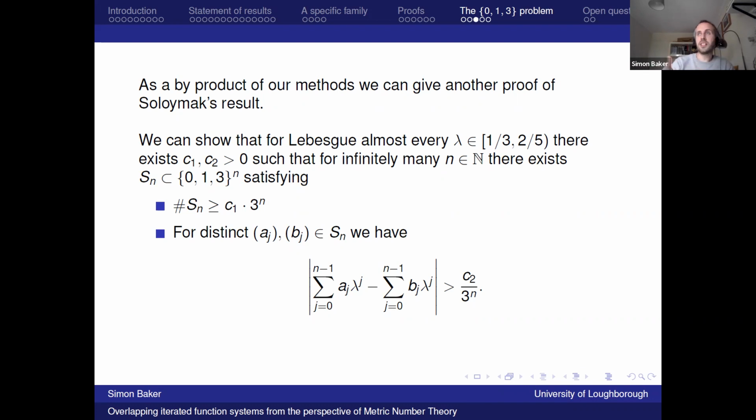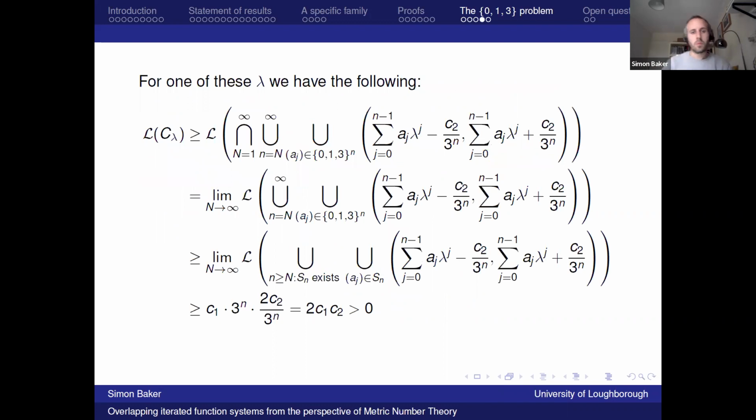This is just a particular instance of this first key step I mentioned a few slides ago, where in fact I haven't even insisted that it's over a large set of natural numbers. I'm just asking for infinitely many natural numbers. We're going to have the existence of these large, well-separated sets. Once you have these things, it's really easy.